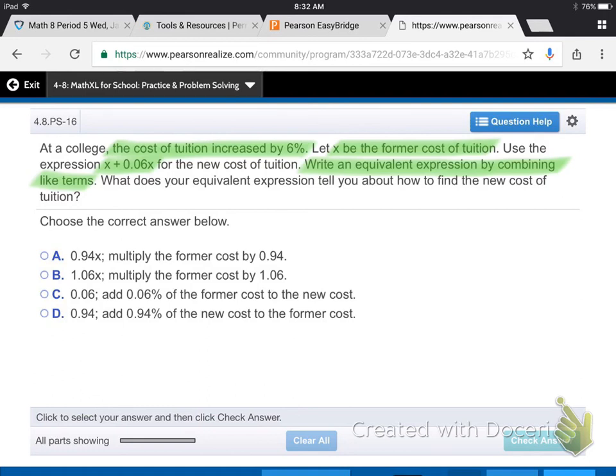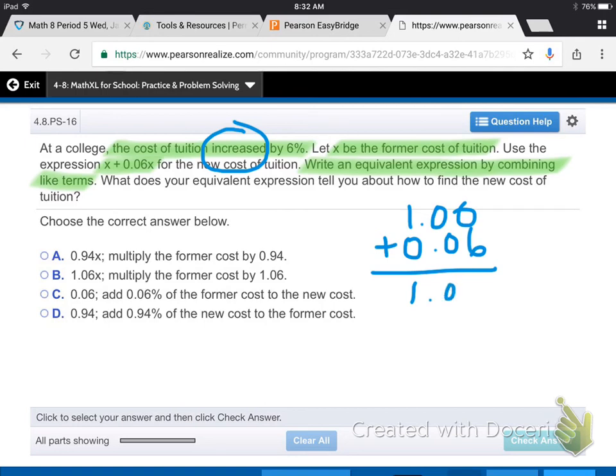Okay, so we've got, if we take 1x, which is 1.00, and we add 0.06, and we add because the tuition increased, so that's 1.06.